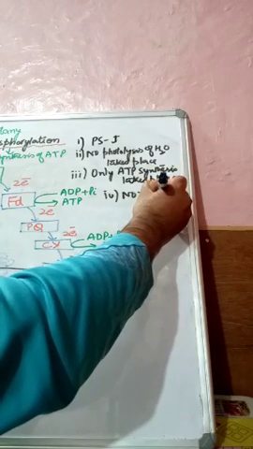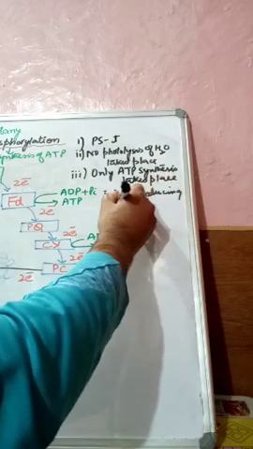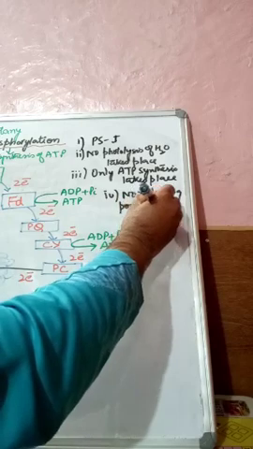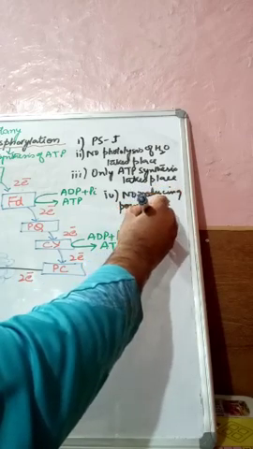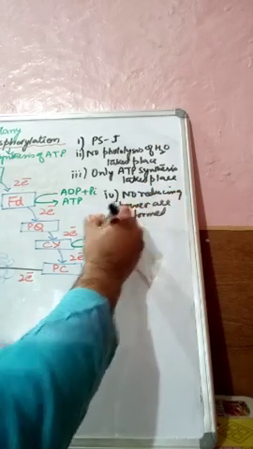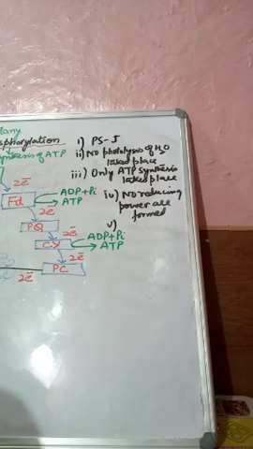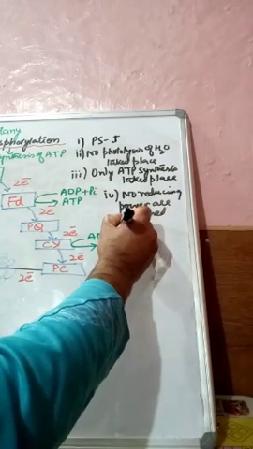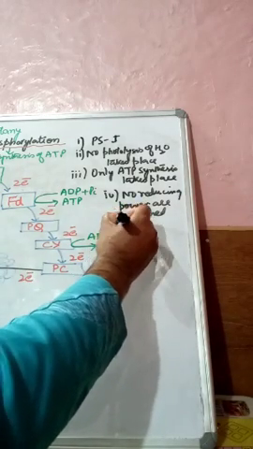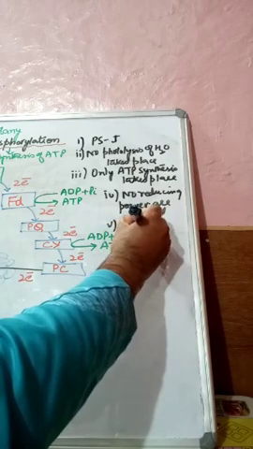No reducing power is formed. Another thing is that non-cyclic photophosphorylation takes place on the surface of the thylakoid, while this is first associated with the stroma lamellae.